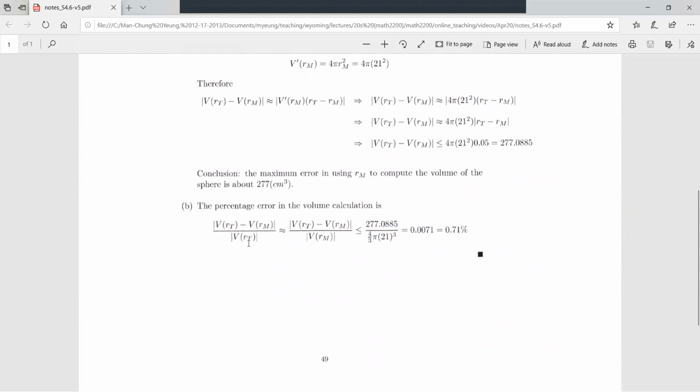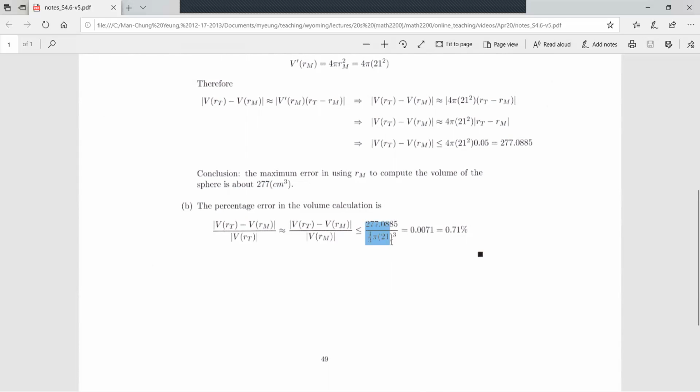The volume at RT we don't know. So the exact value of the volume of the sphere, we don't know it. Because we don't know this, I replace RT by Rm. I know Rm. Rm is 21. So the volume at 21 is computable.